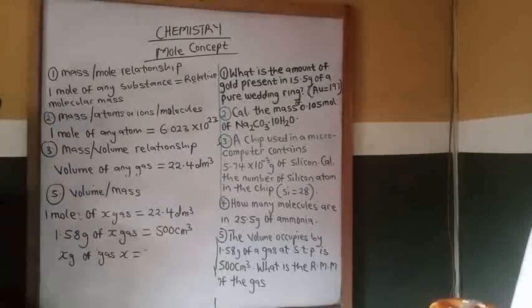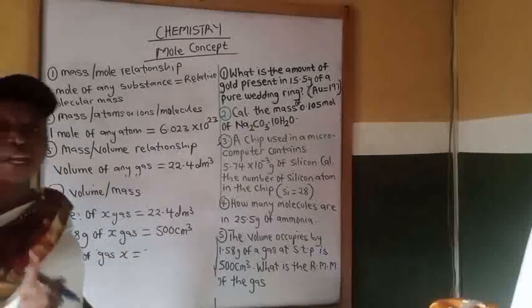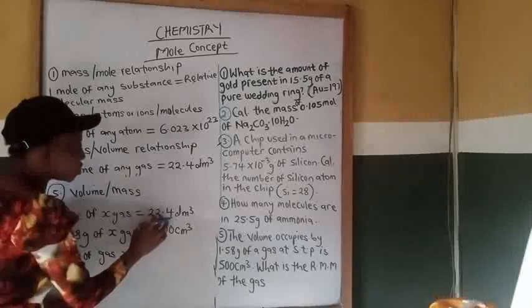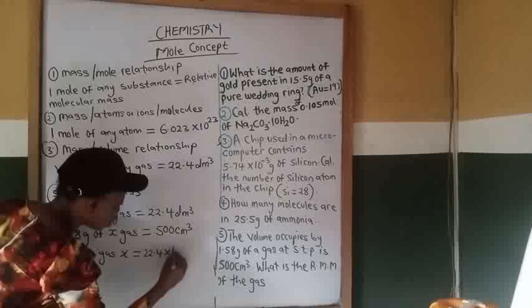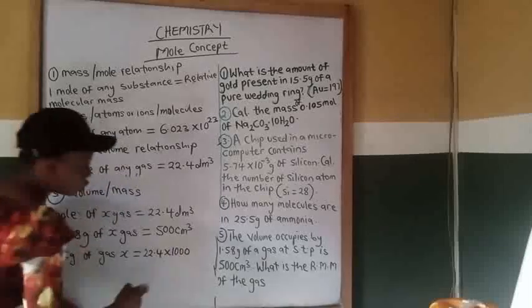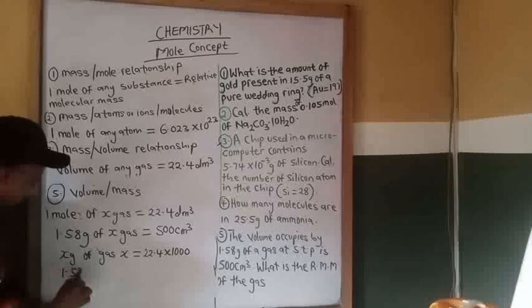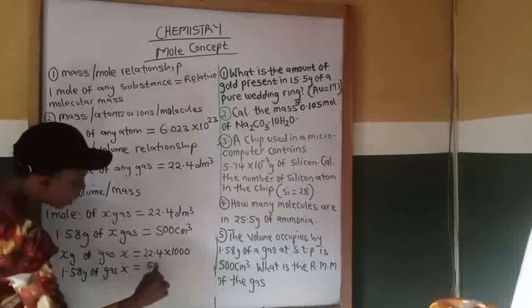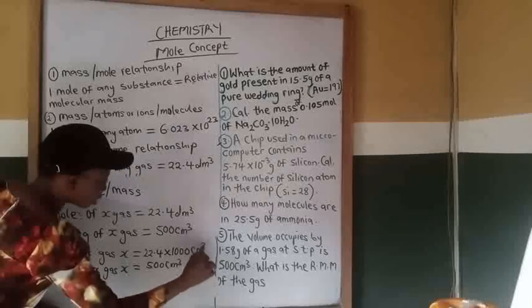Let's convert this. 1 dm cube is equivalent to 1000 centimeter cube. So multiply 22.4 by 1000 to convert it to centimeter cube. Then 1.58 grams of gas X equals 500 centimeter cube. So this one too is now in centimeter cube.